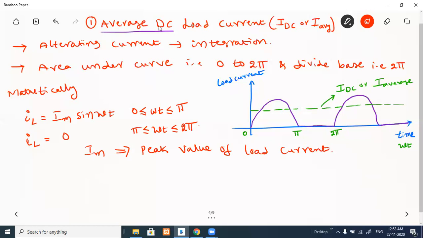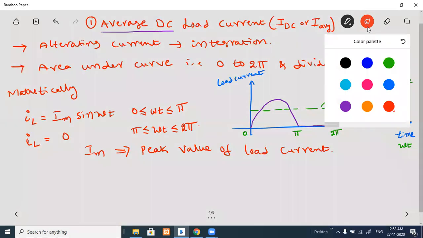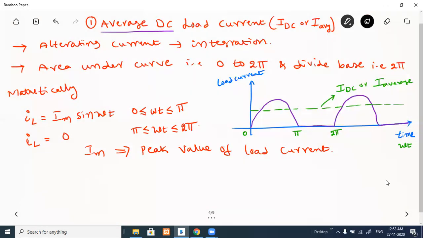Now by using this IL equation, we can easily calculate IDC.